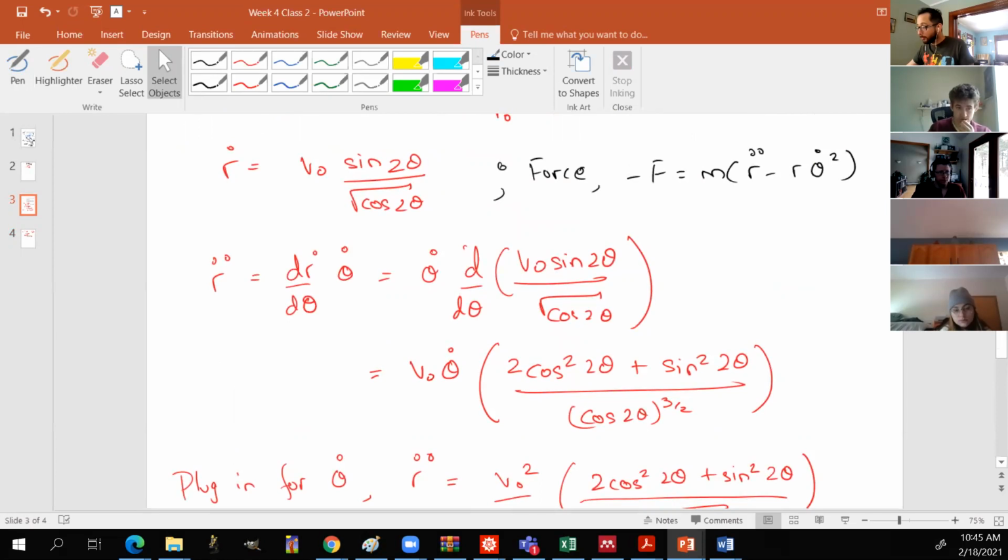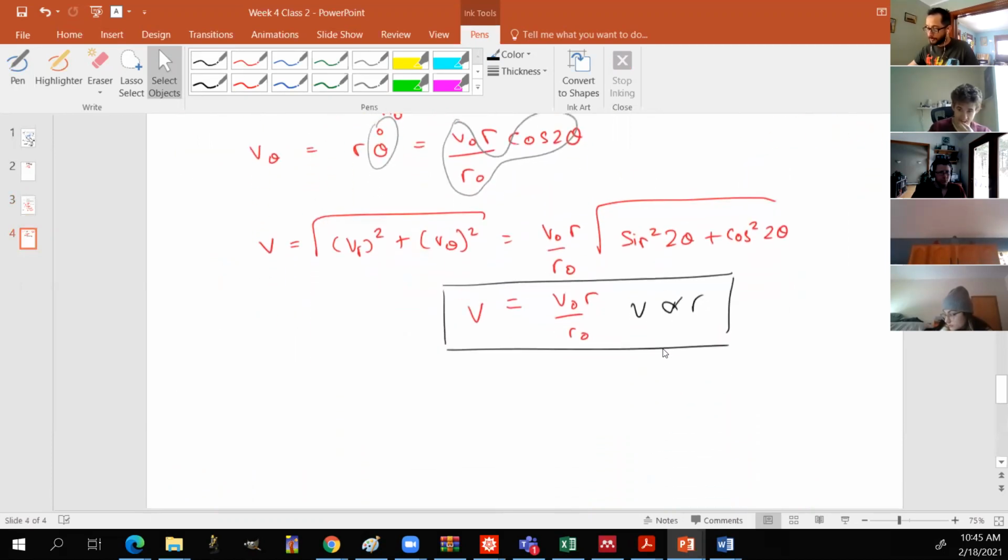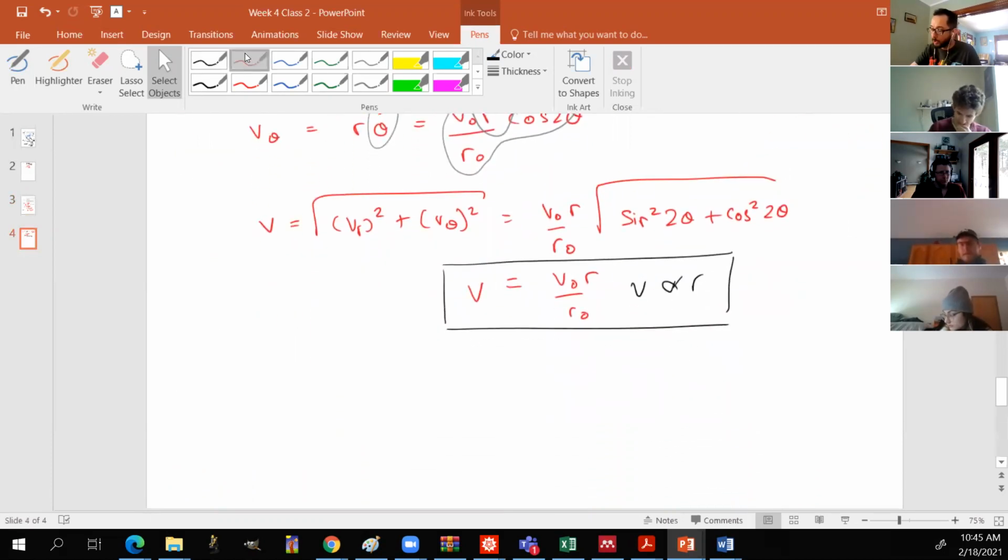I'm sorry. For the force, we have to use this expression over here. To use that expression, we need to write what the acceleration in the radial direction is. So AR is equal to R double dot minus R theta dot squared.